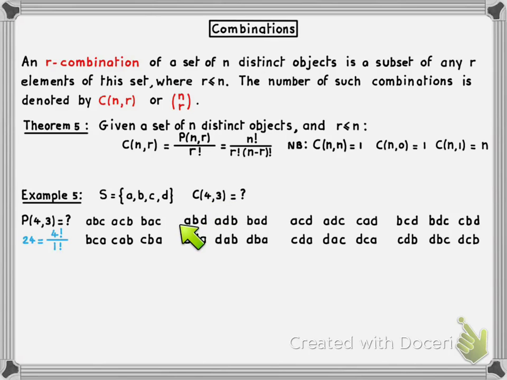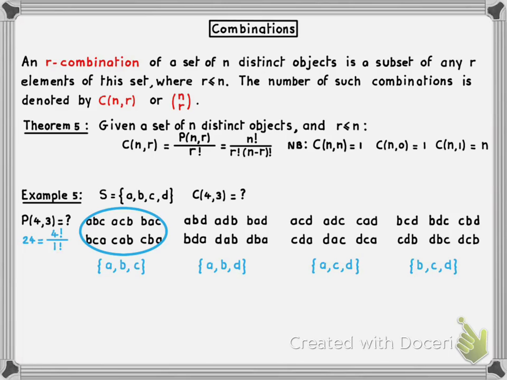So we listed all of the permutations here, and that should allow you to realize that, for example, these 6 permutations are just reorderings of the same 3 elements, A, B, and C. And since in a set the order doesn't matter, these 6 permutations correspond to a single subset, namely A, B, C. And similarly, those 6 permutations correspond to the one subset A, B, D. These 6 permutations are permutations of the same subset A, C, D. And finally, these last 6 permutations are permutations of the set B, C, D.